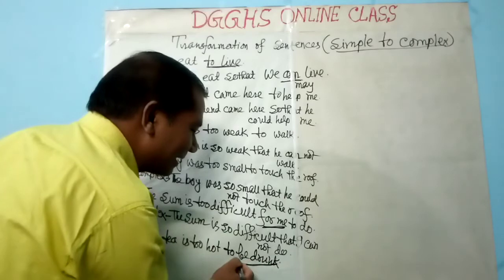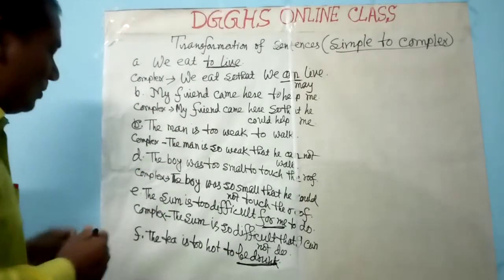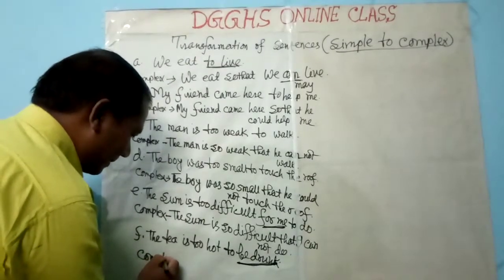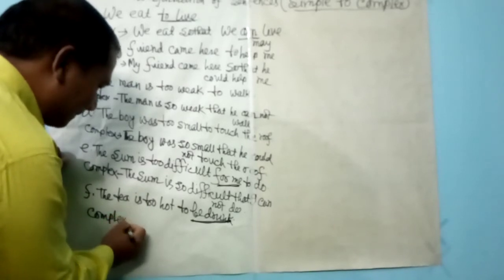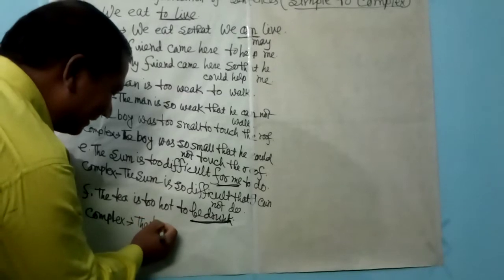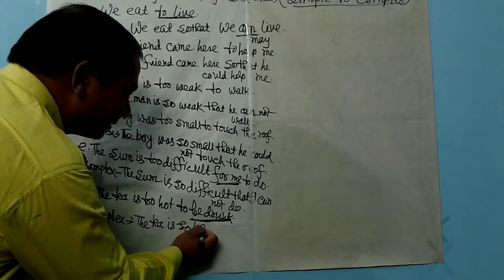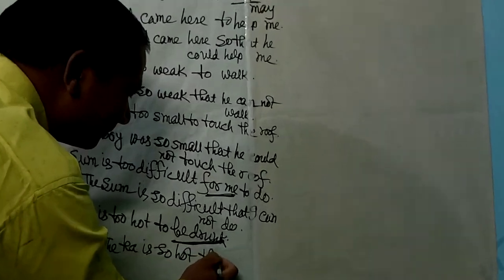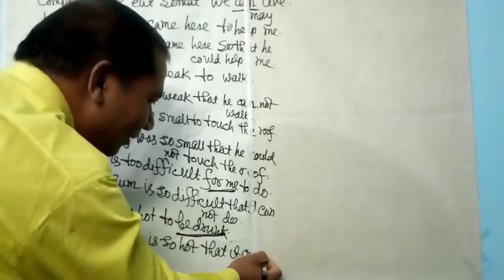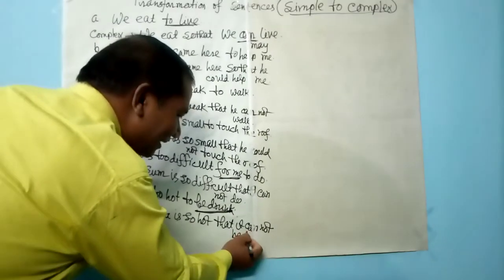That means it is in passive form. So here when we make it complex, the tea is so hot that it cannot be drunk.